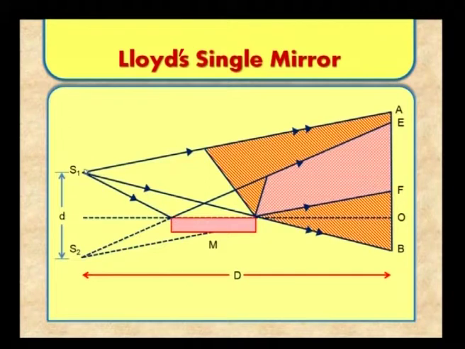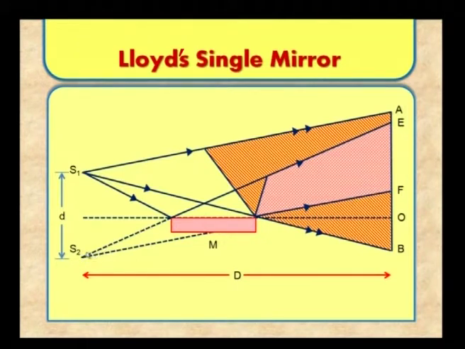The light ray which is incident here is reflected in this direction. One of the light rays goes up to E, the other goes in this direction up to F, and then you have S2 here instead of S1. From S1 you get a virtual source S2.